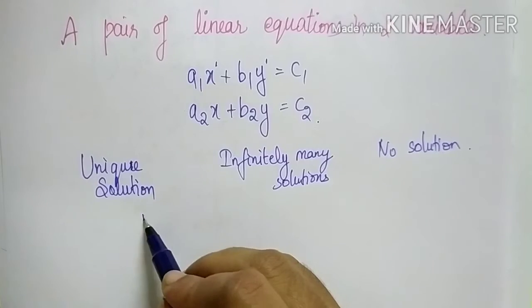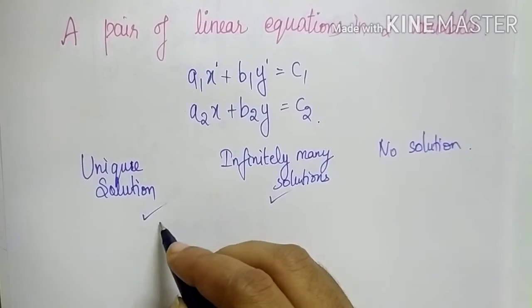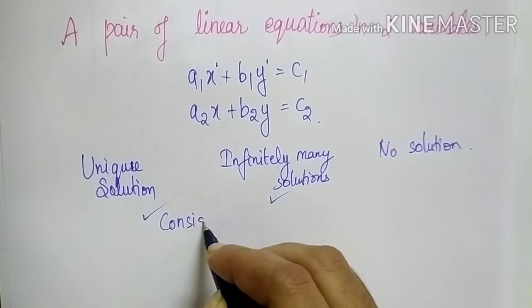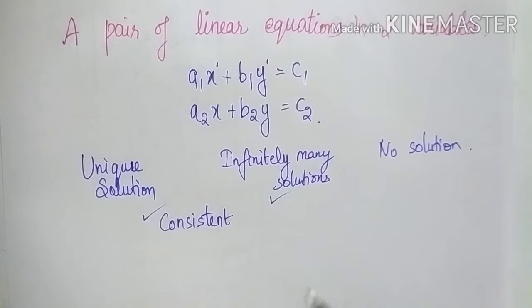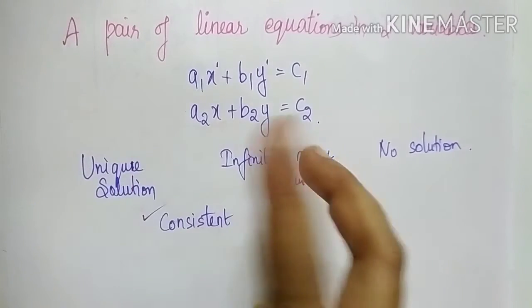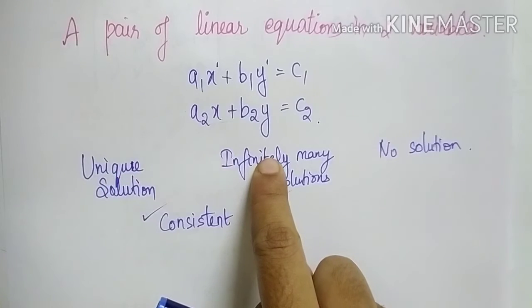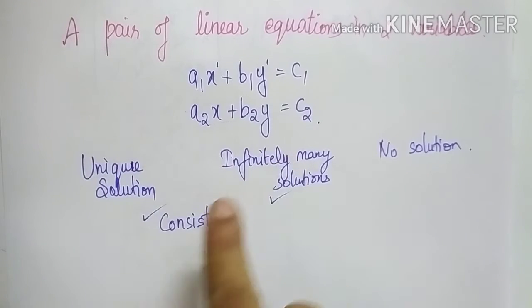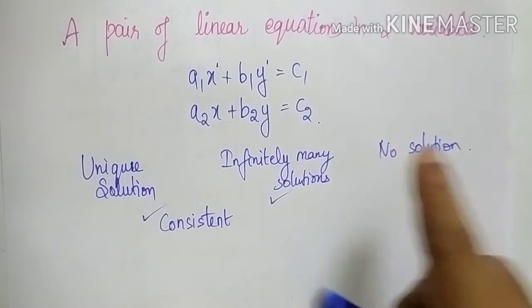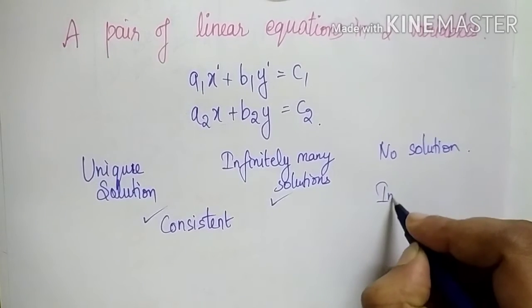The first two cases are called consistent. If you get a solution, it can be either a unique solution or an infinite number of solutions, and it is consistent. If you don't get a solution, this is called inconsistent.